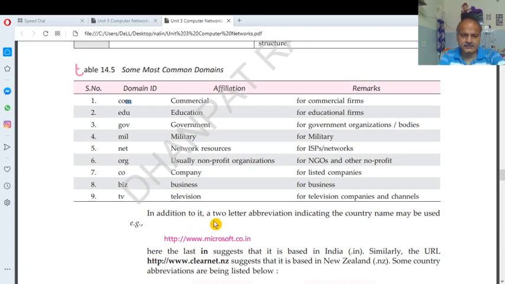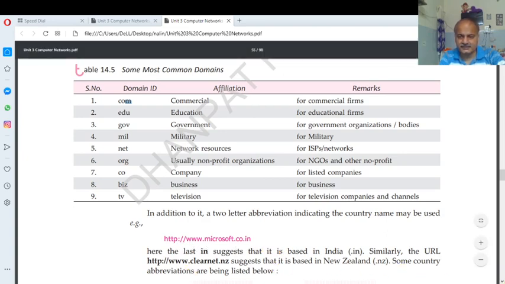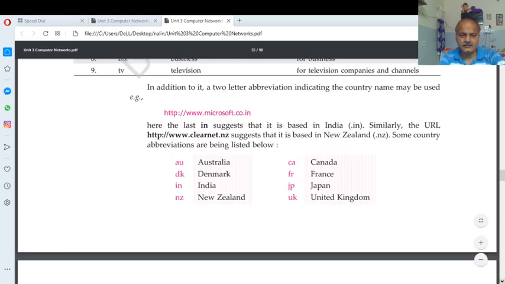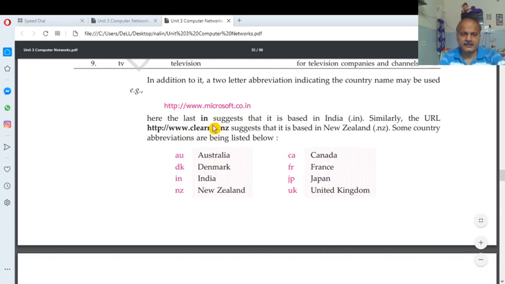In addition to it, a two-letter abbreviation including the country name may be used. For example, http://www.microsoft.co.in. Here the last hint suggests that it is based in India; .in means India.